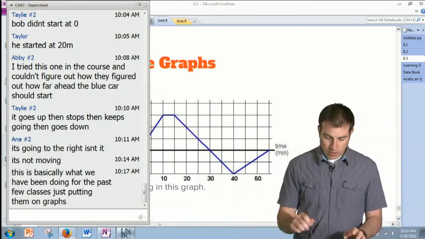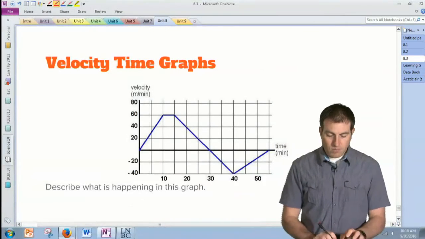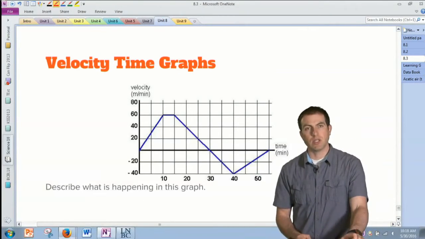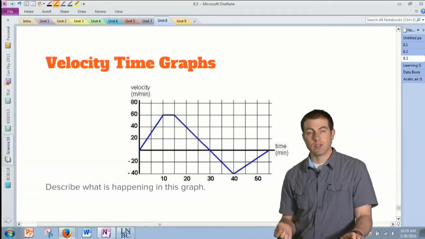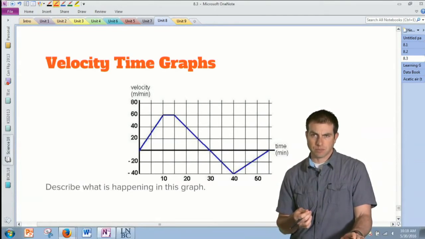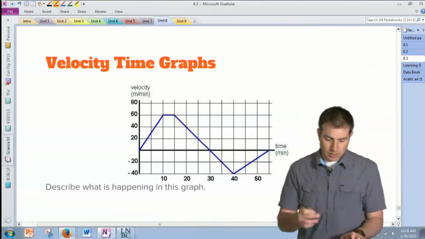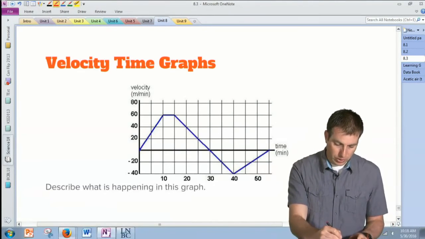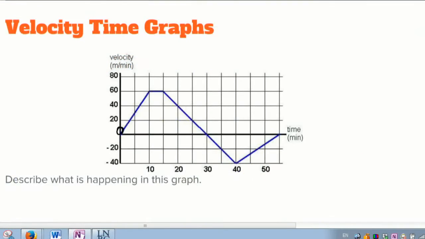Velocity time graphs are completely different. We'll actually end up talking about them, but I just wanted to show why it's so important that you read the axes and figure out what's going on in terms of these graphs. So if I looked at, just really quickly, and we'll take a little breather, if I look at 0 seconds, the object's moving at 0 meters per second. These are all velocities now instead of distances.